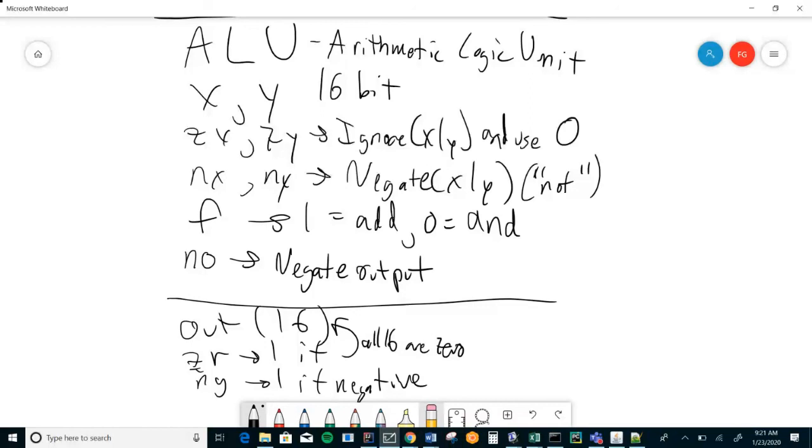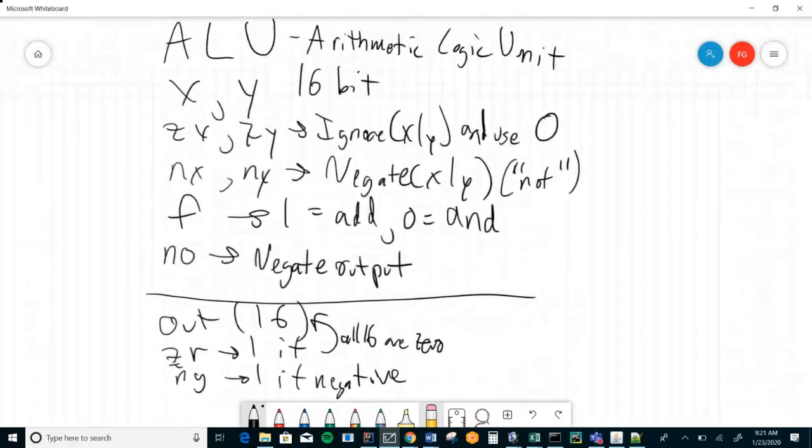Let's imagine the operation we're performing is an AND. We're going to see how we might derive OR, for example, given an AND, and how NOT might be derived using the ALU.